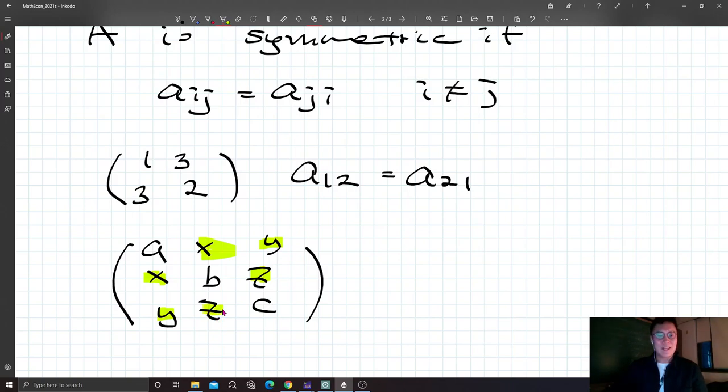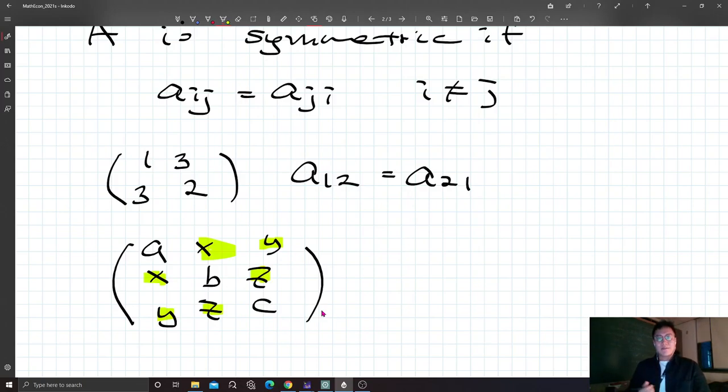So a symmetric matrix does not impose any restrictions on diagonals, only off diagonals, and the off diagonal entries are just a reflection along the diagonal. Then we say that is a symmetric matrix.